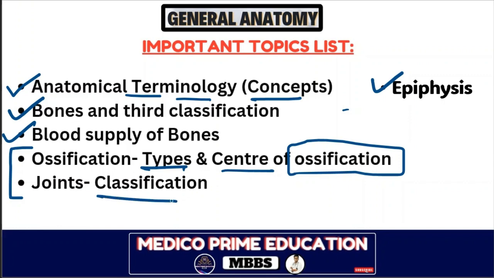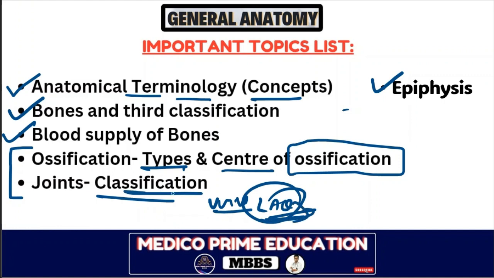Next is joint classification, a very important question for long answers, so you must attend this video lecture so that you can be good in joints also. Joints are important in all chapters. You will study joints in the lower limb, upper limb, and thorax. Joints are a basic concept that you can apply in the upper limb, lower limb, and thorax.